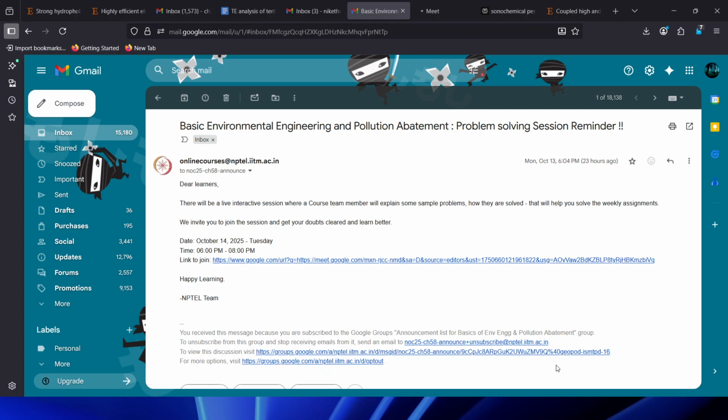Second one is by discharging into drains. Third is by landfilling. Fourth is disinfection and shredding. Okay, so which is the correct option? Disinfection and shredding.